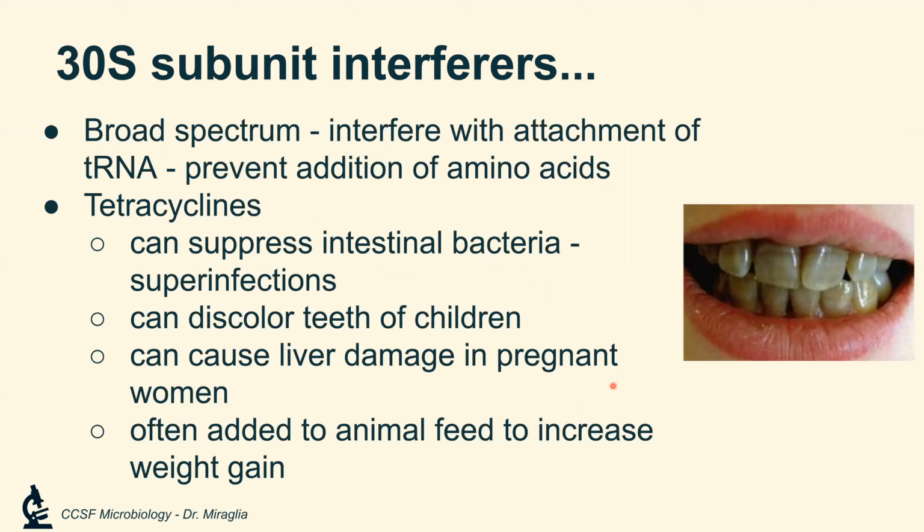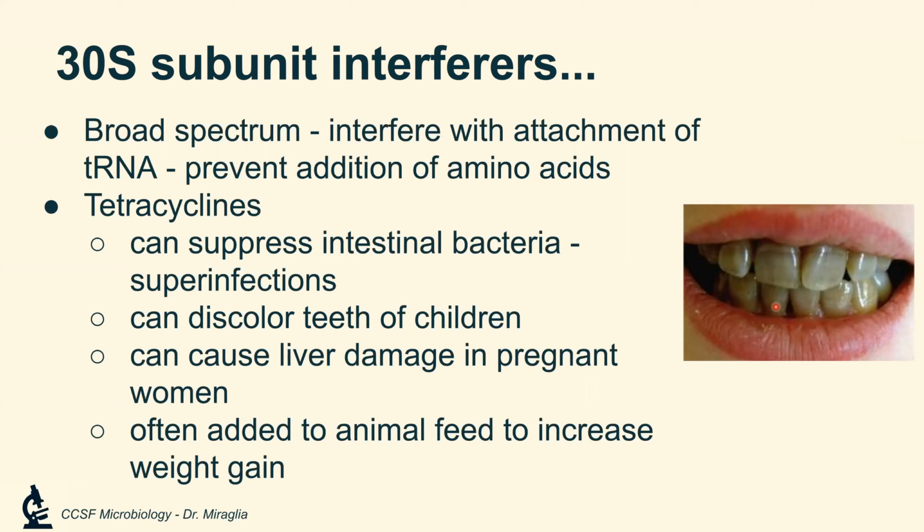It can cause liver damage in pregnant women. And one of the side effects that's really well understood is that it can cause tooth discoloration in children. This is a picture of someone whose parent was either exposed to tetracycline or they were exposed as a young child.